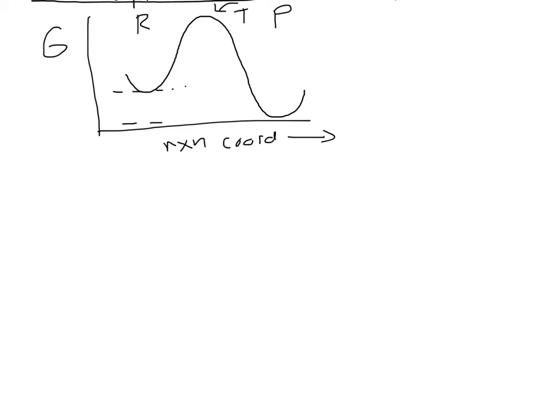This difference here is the difference in free energy between the reactant and the product. That's delta G0, the standard free energy change for that reaction.